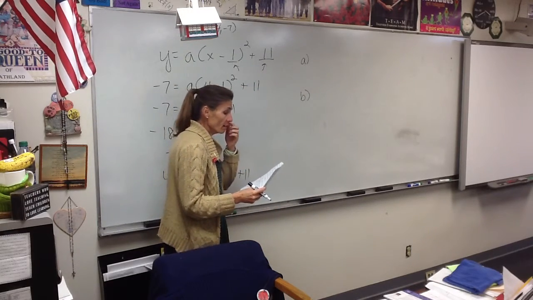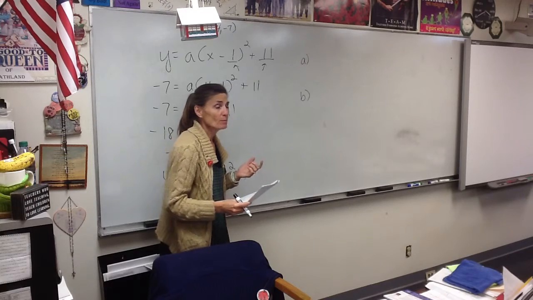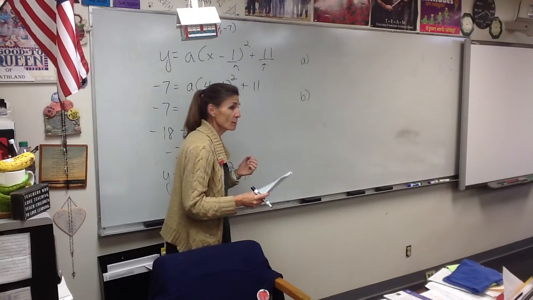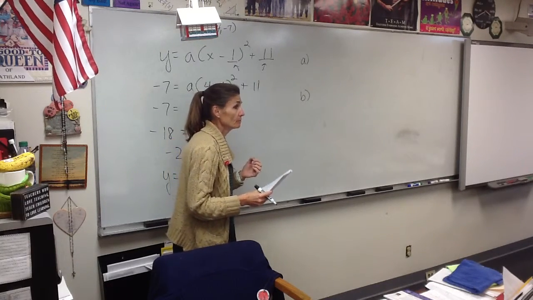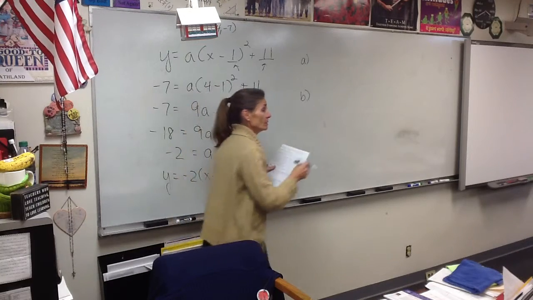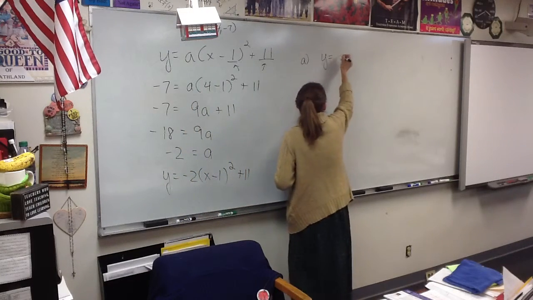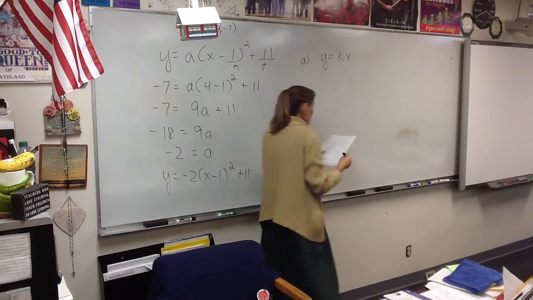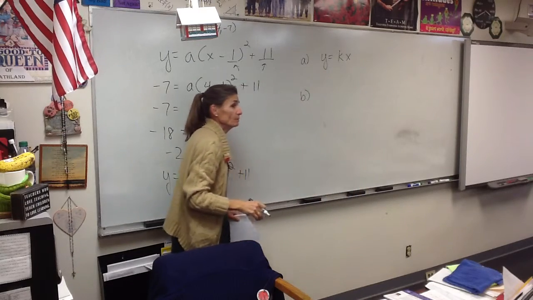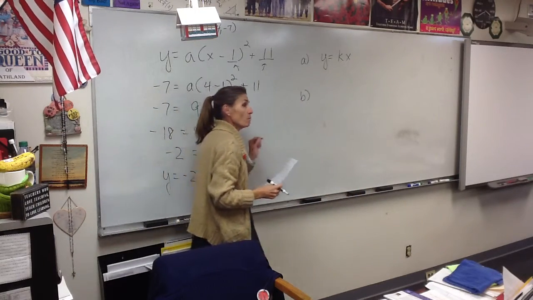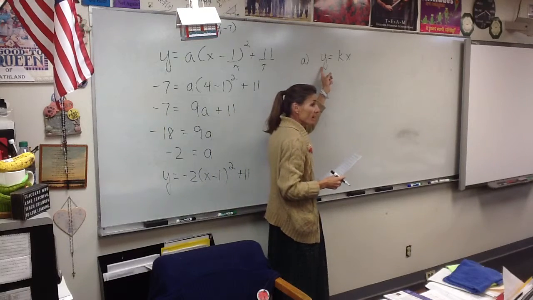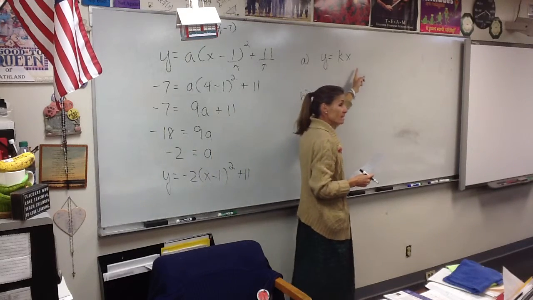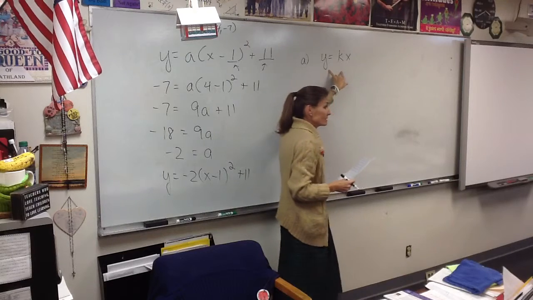The formula for, well, let me ask you, do you remember what the formula for y varies directly as x is? Y equals kx. That is your direct variation. When someone says y varies directly as x, that's the setup.